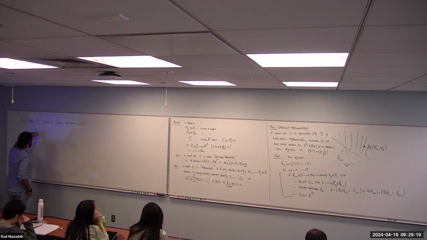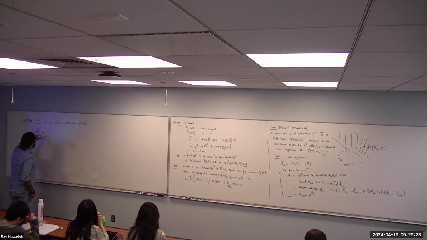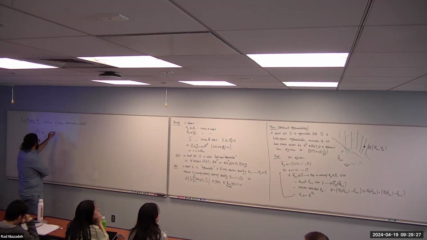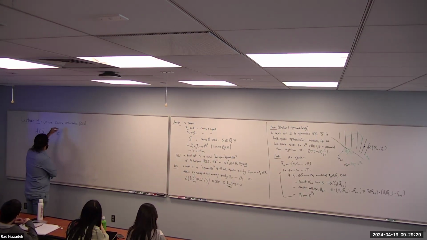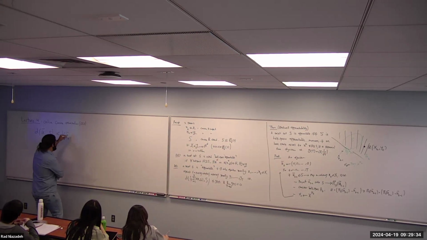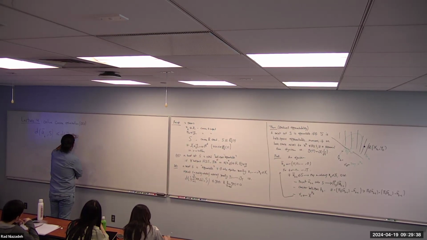Let's write down the distance of u bar t minus 1 and S. So this is definitely smaller than, say, the distance of u bar t and the projection point, pi s of u bar t.